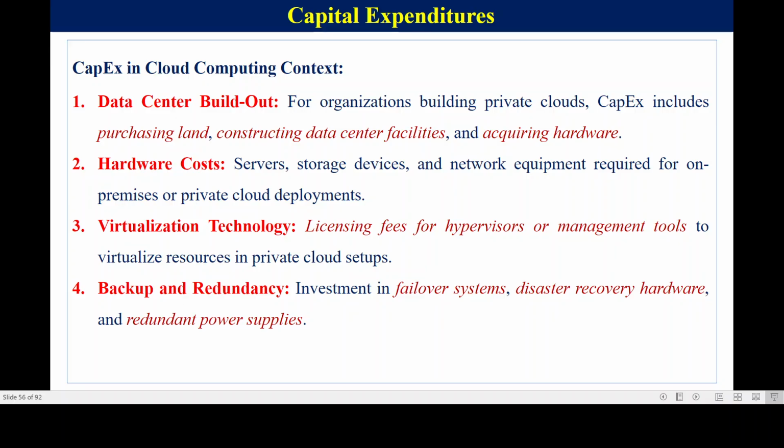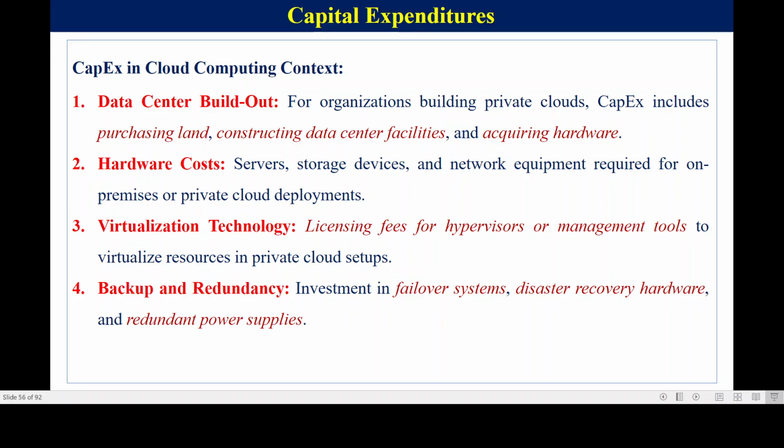The third one is virtualization technology. A private cloud environment requires virtualization software such as a hypervisor. Examples include VMware ESXi, Microsoft Hyper-V, and KVM. Licensing this technology also increases the capital expenditure.